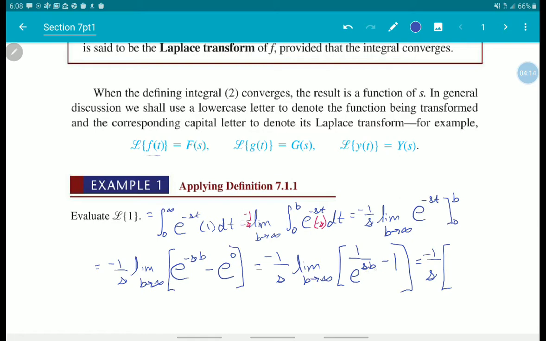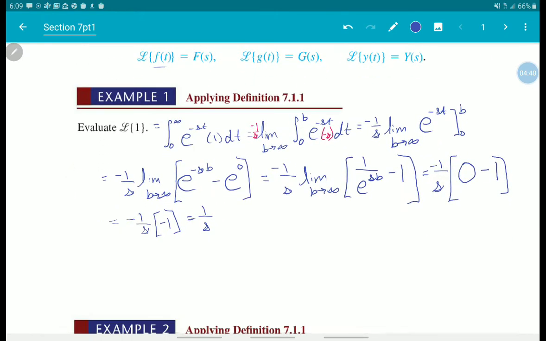As b goes to infinity, that term in the denominator is getting larger and larger, so that is heading to 0. And that 1 here is still heading to 1. So we have negative 1 over s times, 0 minus 1 is a negative 1. So this is heading to 1 over s. Then we say that the Laplace transform of 1 is equal to 1 over s.